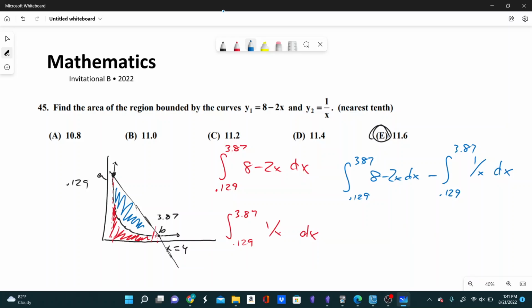The reason behind that, there are some proofs out there that have to do with limits and such, but pretty much what they say is that you can actually combine these two under the same integral. So this is why I am subtracting. I know it seemed a little bit weird to start with, but that's the logic. You take the total area, and then you subtract out the area that you don't want, and that will tell you the bounded area, the area between them.